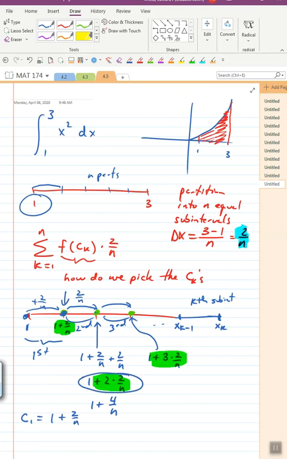What's the second c that I selected? It's the right endpoint of the second subinterval, which was 1 plus 2 of those. What's the number I picked in the third subinterval? It was 1 plus 3 of those. By the time I get out to this kth one, what's that kth one going to be?